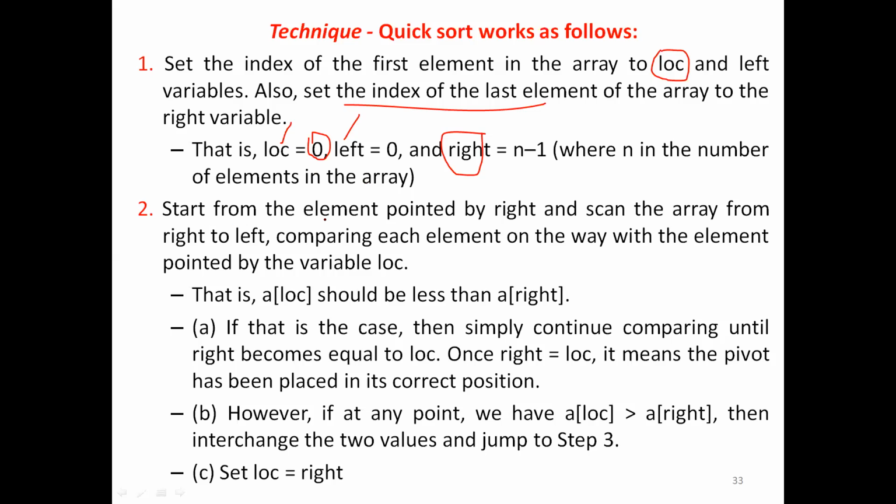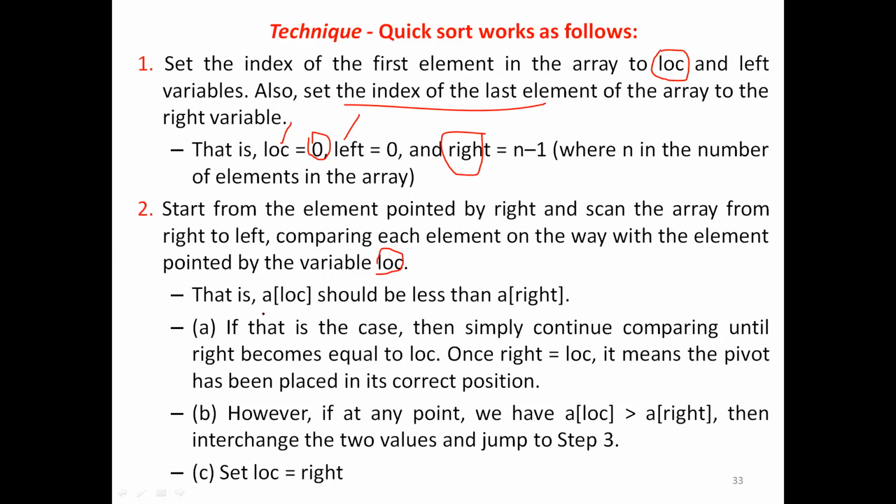Start from the element pointed to by right and scan the array from right to left, comparing each element on the way with the element pointed to by the variable LOC, which is the pivot element.